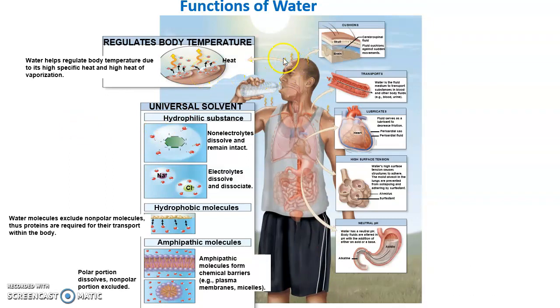So when we sweat, the water evaporates off of our skin. When it evaporates off the skin, it pulls heat with it away from the body. It dissolves many, many things. It dissolves all the hydrophilic various substances and partially attracts at least the amphipathic molecules, but not hydrophobic molecules. They do not dissolve in water.